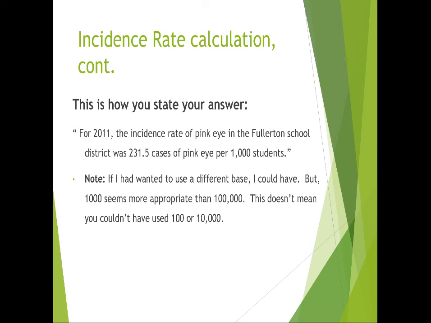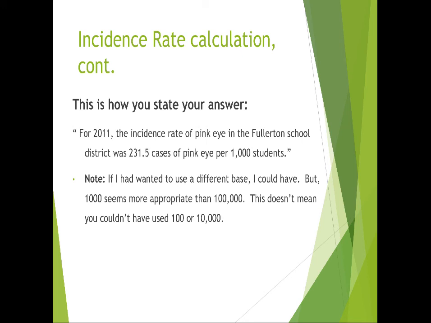Now, I do want to call your attention to how you're going to state your answer. Epidemiologists are very specific on how they state information. Pay attention to all the slides where I tell you how to properly state your answers depending on what you're calculating. Based on the type of calculation you are performing, you will be stating your results differently. In fact, you will see different statements in your exam, and you will have to select the correct one for the example given.